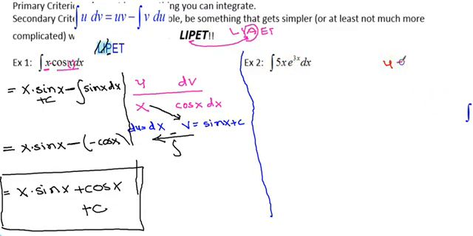So u is equal to 5x, dv is equal to e to the 3x dx. du is equal to 5 dx, right? And v, the antiderivative of e to the 3x, is e to the 3x divided by 3. Let's put the c aside. We don't need a c at this time.